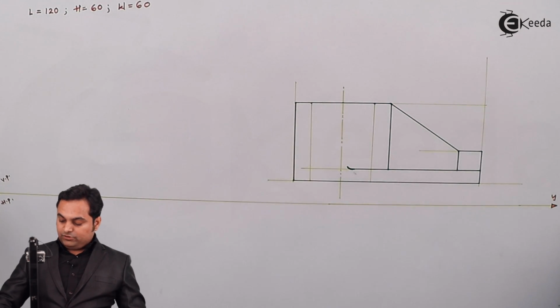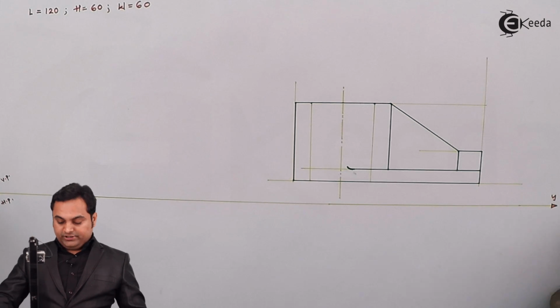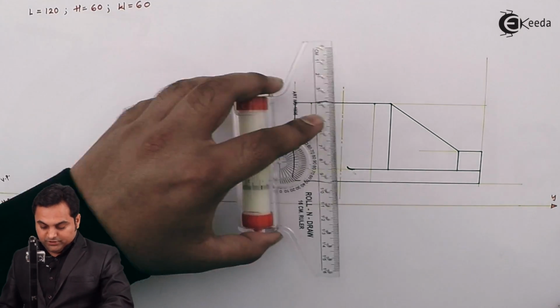Then I'll draw the hidden line, which are dotted lines, equally spaced.